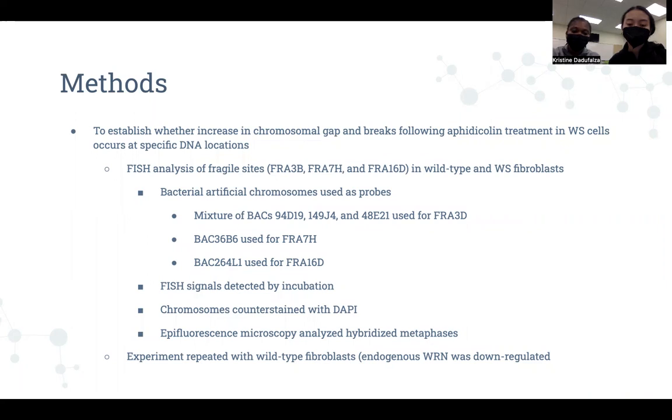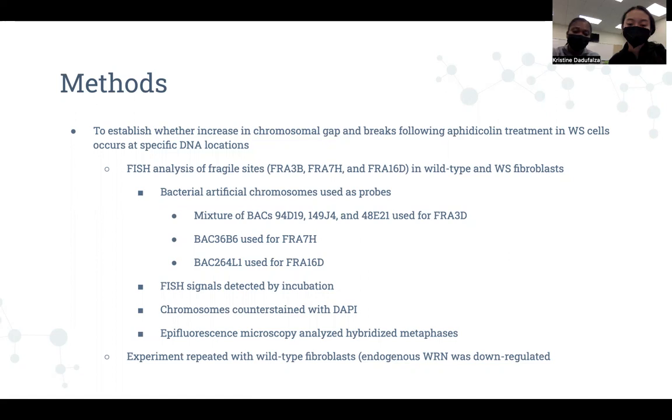A mixture of the bacterial artificial chromosomes 94D19, 149J4, and 48E21 was used for FRA3B. Bacterial artificial chromosome 36B6 was used for FRA7H, and bacterial artificial chromosome 264L1 was used for FRA16D.